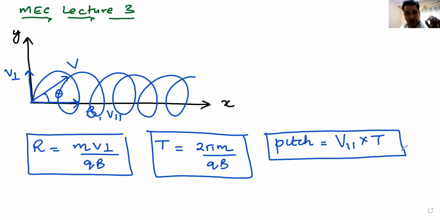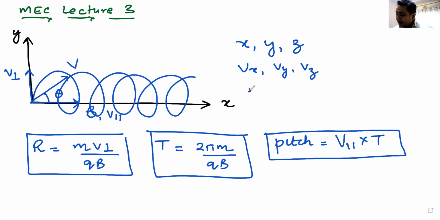Now, here, if someone tells us what is the x, y, and z component of velocity, or what is the x, y, and z component of displacement, or what is the x, y, and z position of the particle, or vx, vy, and vz, or ax, ay, and az, what would you say?